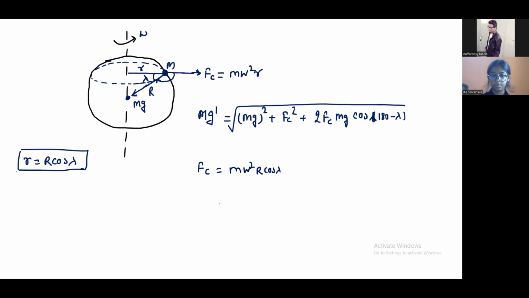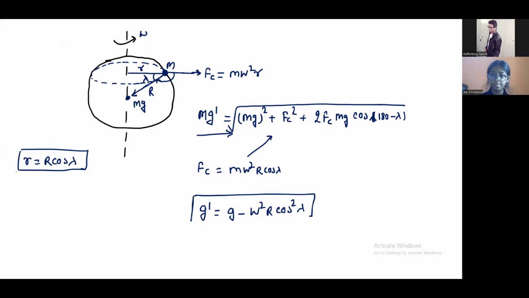and then we solve, we get the result. I have written it directly, because there is no need to know the exact calculation. If you want, you can put in the values and you will get it. The g dash value is directly g dash is equal to g minus omega square R cos square lambda. This is important for us.